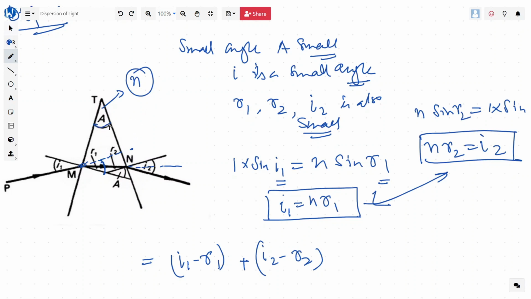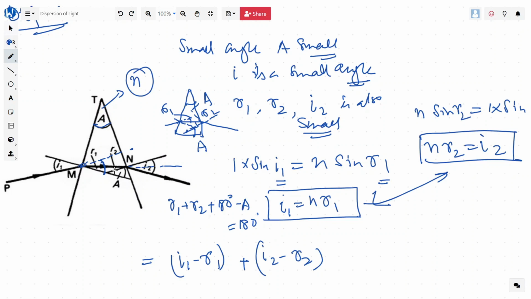So this is A in this triangle, and then the ray of light is coming like this, and if we draw a perpendicular from here, it's going to cut somewhere here, and this angle is also going to be A. Then R1, R2.